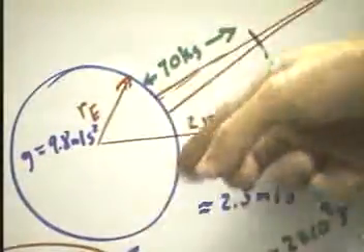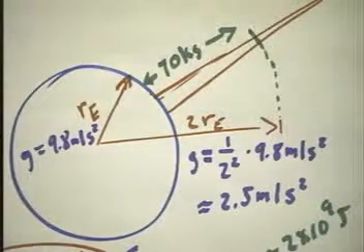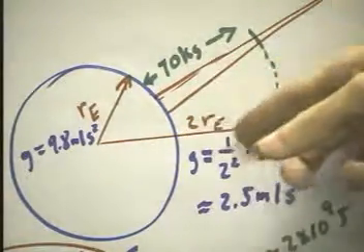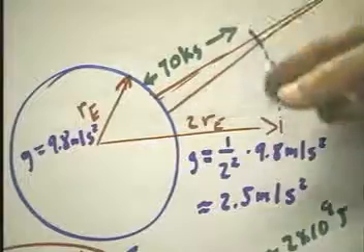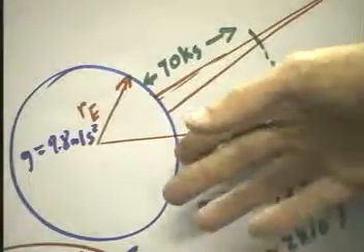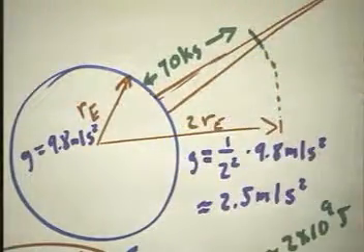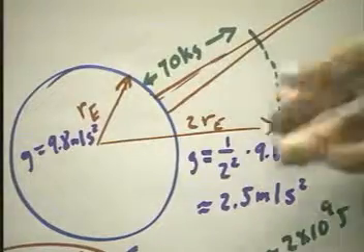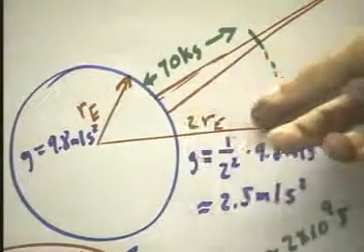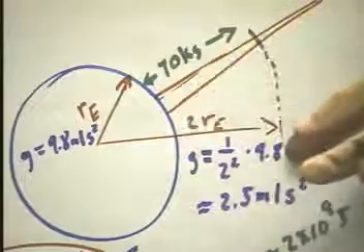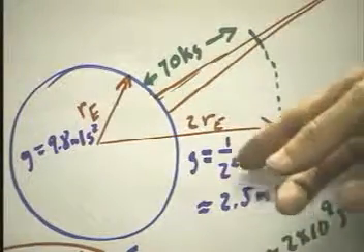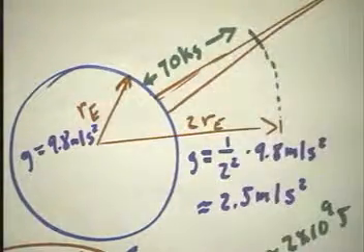At the radius of the Earth, it's spread out over a sphere that's equal in area to the Earth's surface. If we go out to twice the radius of the Earth, since the area of a sphere is proportional to the square of the radius, we'll go to 2 squared, or 4 times the area. So the gravity is going to be spread out over 4 times the area.